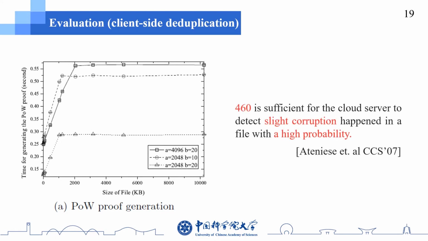This is because, for performance purposes, when the number of file blocks in a file is no more than 460, the cloud server will run the POW protocol by checking the entire file. Otherwise, the number of file blocks being checked is 460, which was shown by previous work to efficiently detect slight corruption of the file with high probability.